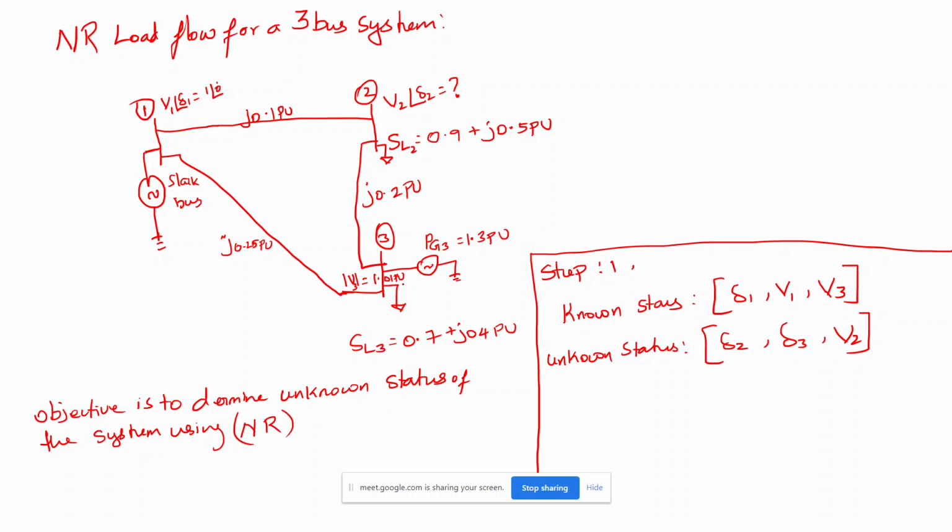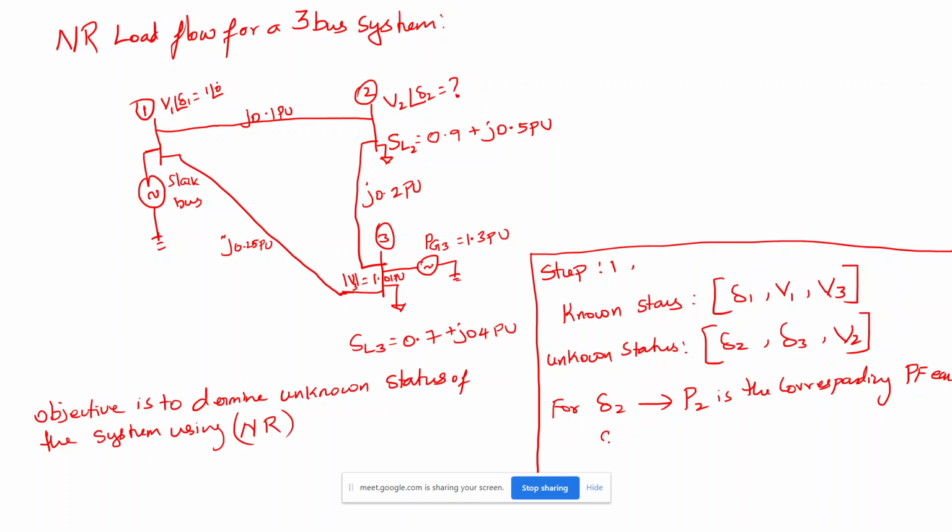Okay. So to find del 2, the corresponding power flow equation is P2. So P2 is the corresponding PF equation.